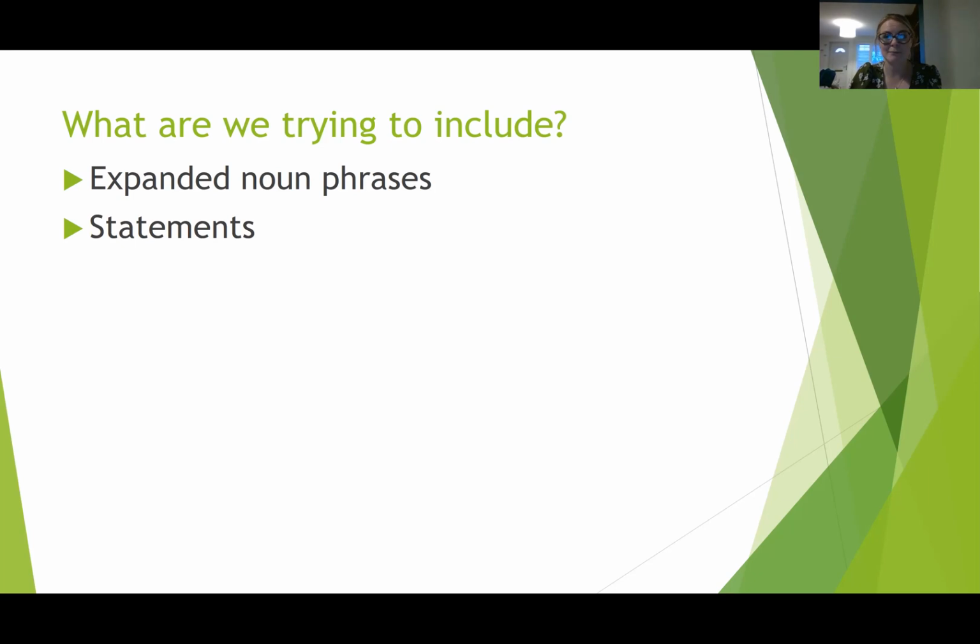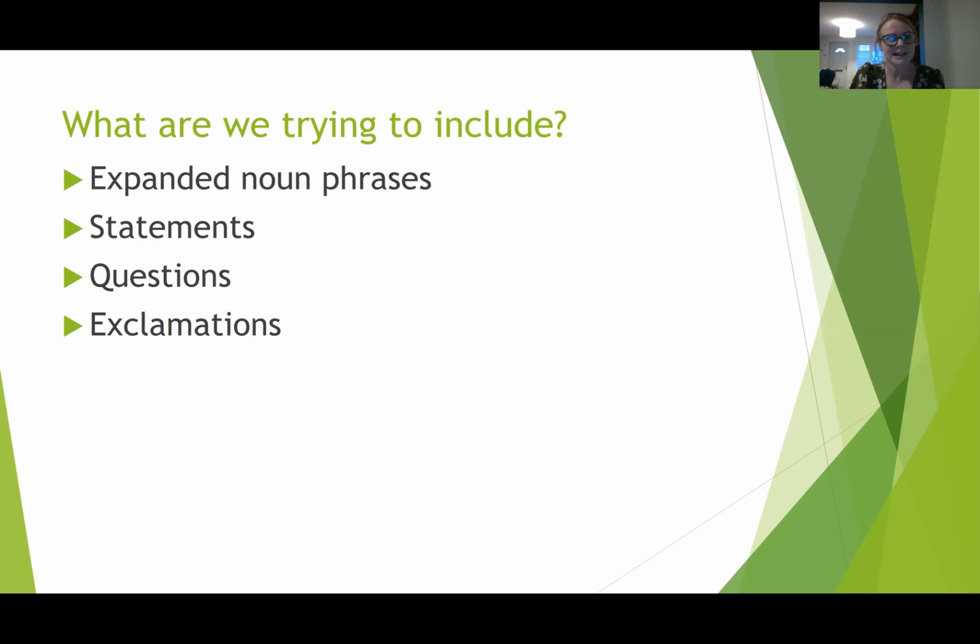Next one is statements. So remember, these are sentences that are facts or ideas and they end with a full stop. Questions. Remember, these are when a sentence is asking someone something and expecting a reply, and they have a question mark at the end.